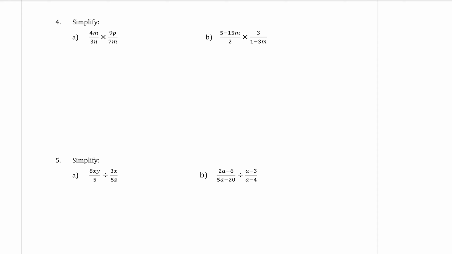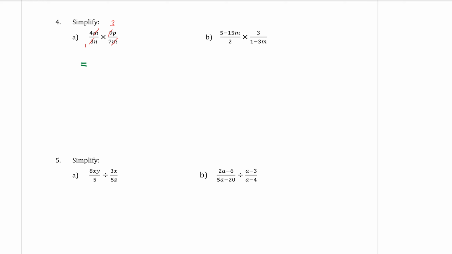So for example, what can I cancel here? I've got a 3 and a 9. Both of those can be divided by 3, which would give me a 1 here and a 3 there. I have also got some m's, one on the top, one on the bottom, so we can cancel that m with that m completely away. Once you've cancelled everything you can see to cancel, you multiply what is left.